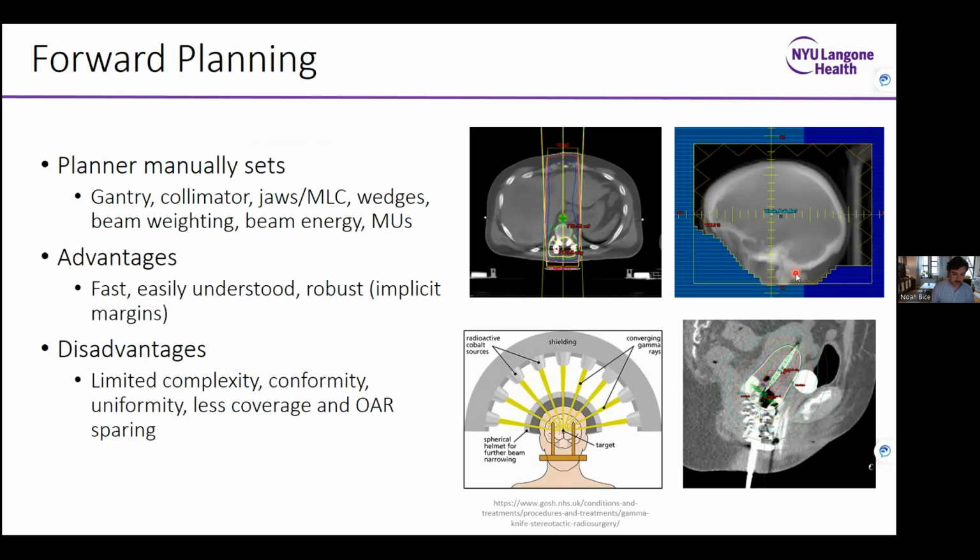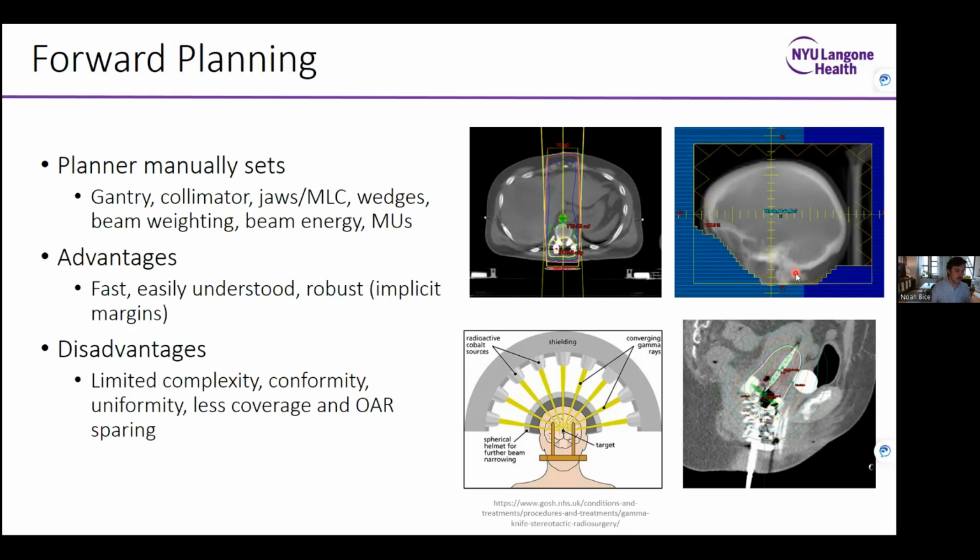So forward planning is the conventional standard for radiation treatment planning, and I'm just going to assume that everybody is somewhat familiar with it. We have either a 2D or 3D model of the patient, and as a physicist or treatment planner, it's our objective to come up with mechanical parameters to deliver a satisfactory radiation treatment plan, whatever that means.